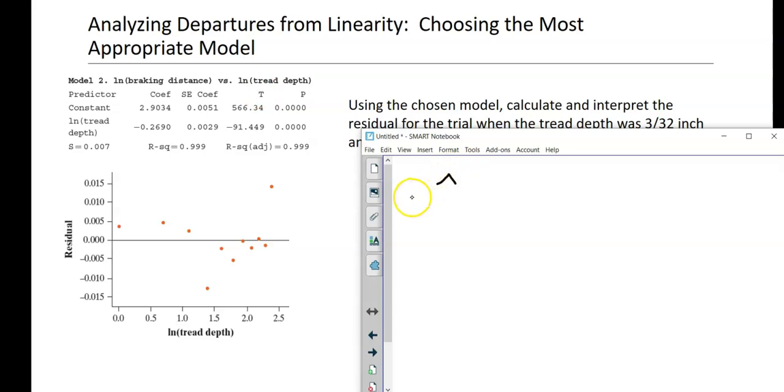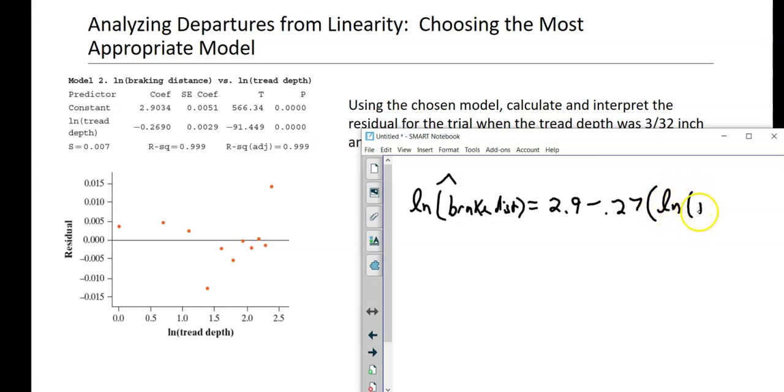So natural log of braking distance equals, the equation would be the y-intercept, which is 2.9, minus the slope, so it's negative, that's why I put minus 0.269 or 0.27, times the x value, which is really the natural log of tread depth.